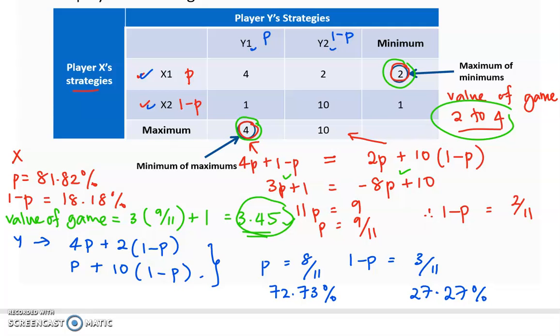So this is the strategy for player Y. They will choose strategy 1 for 72.73% of the time throughout the game, and strategy 2 for 27.27% of the time.